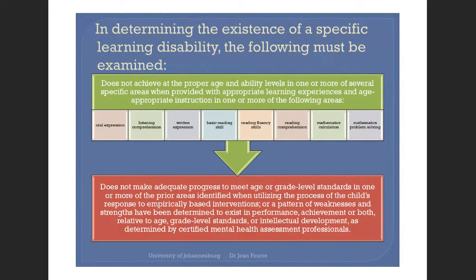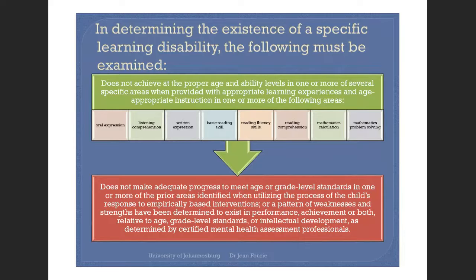So there's a long-term pattern, and it is having severe impact on the child's performance, and they are definitely not able to develop to meet the criteria that other children at that age are meeting. So they're not meeting grade level standards.